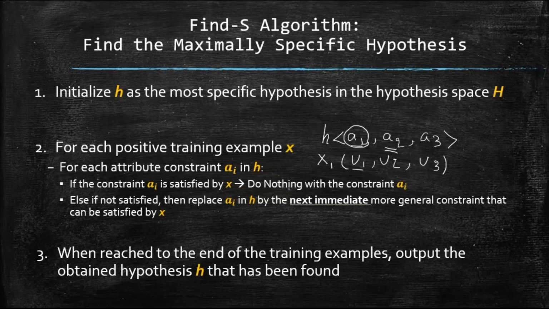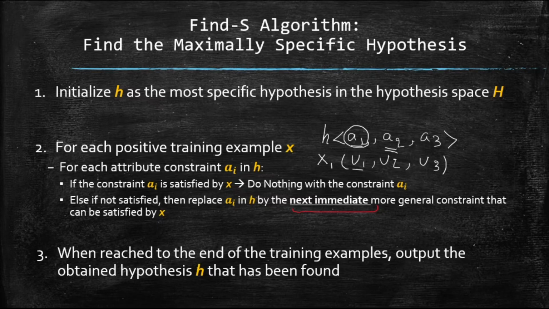I have this bit over here. See? If not satisfied, then replace A sub i in your hypothesis by the next immediate, more general constraint that can be satisfied by X. And then you will continue until you finish all the constraints, and you will generalize each one of them that you have to, and then you will go to the next training example, and next, and next.